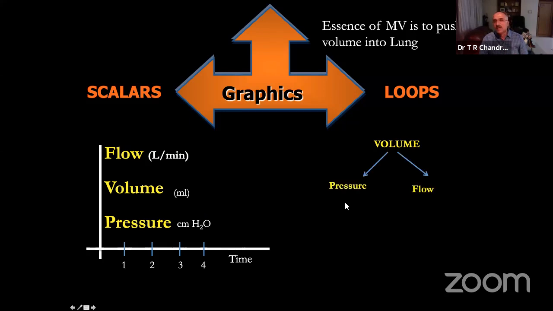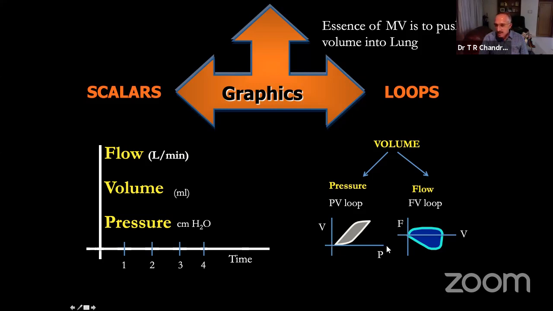So there can be only two types of loops: volume versus pressure, which we call PV loops, or flow versus volume, FV loops. They look like this, where pressure is on the x-axis and volume is on the y-axis for a PV loop, and for the flow volume loop, there is volume on the x-axis and flow on the y-axis.